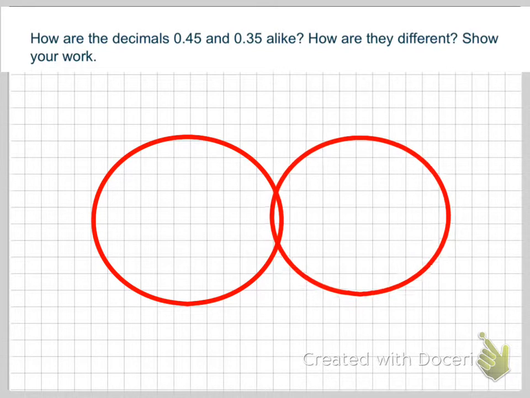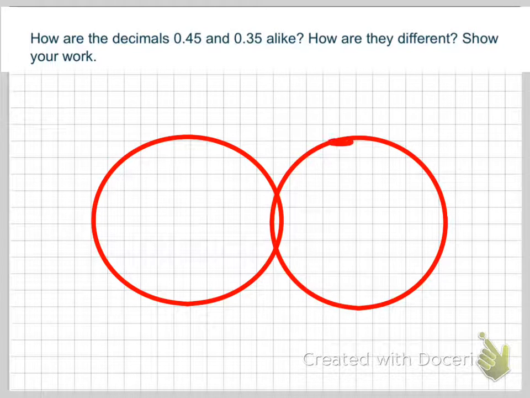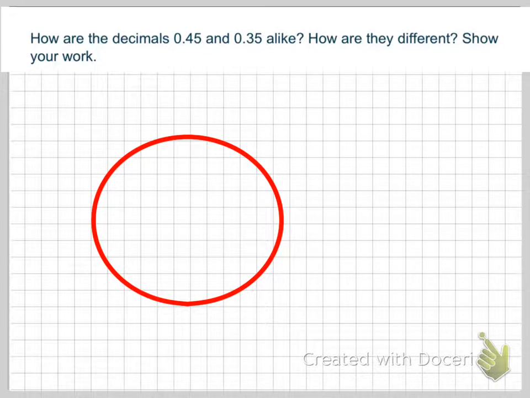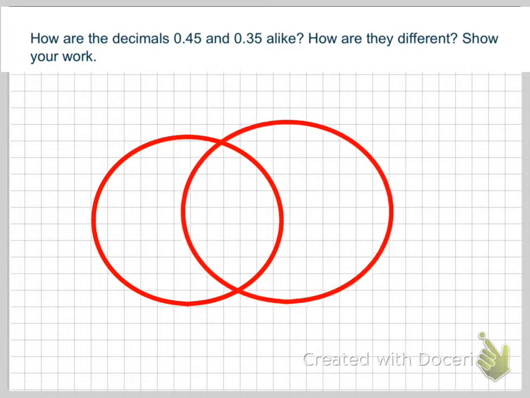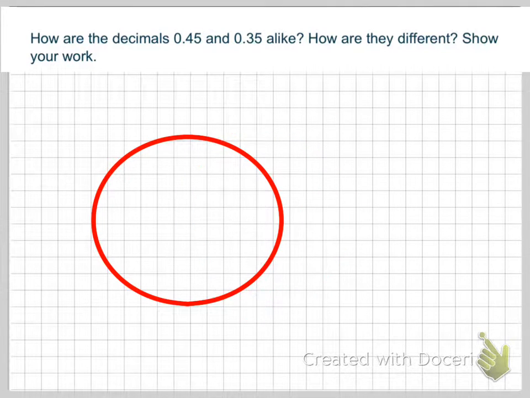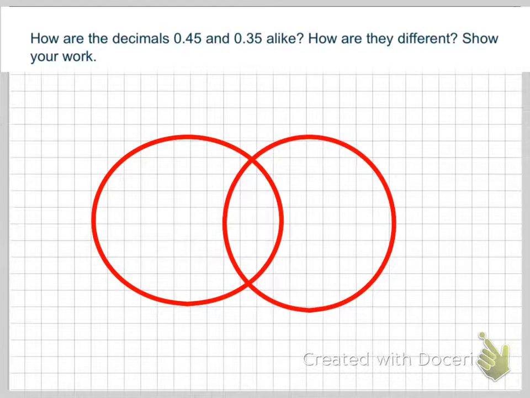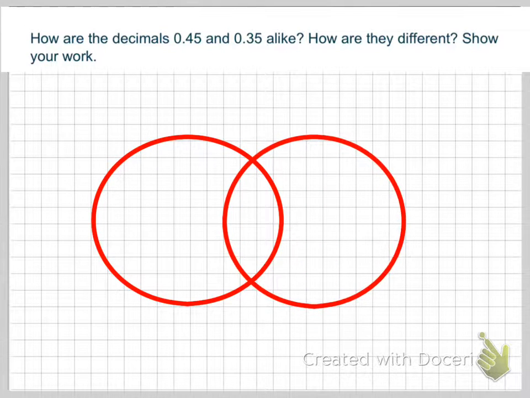Here's a second circle. Oh, let's try that again. That's better. Oh, still not quite. One more time. There, that's good enough.